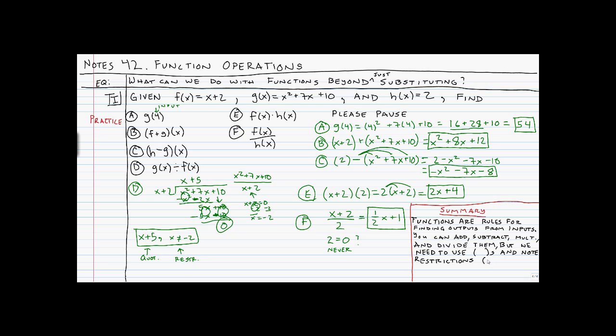We need to note restrictions for division at least. So I'll put that there. I'll put a little dash there so that we separate that out. So functions are rules for finding outputs from inputs. You can add, subtract, multiply, and divide them, but we need to use parentheses and note restrictions for division.